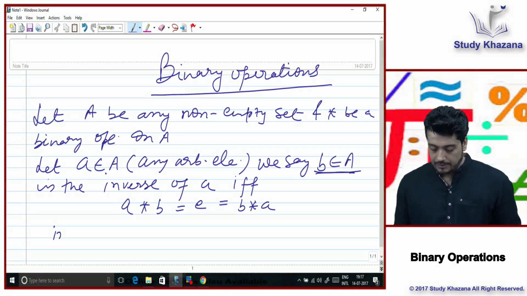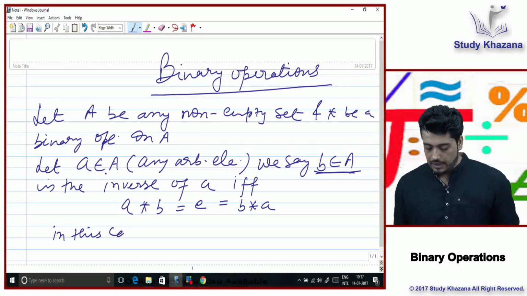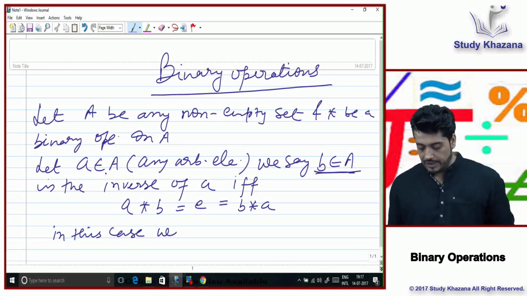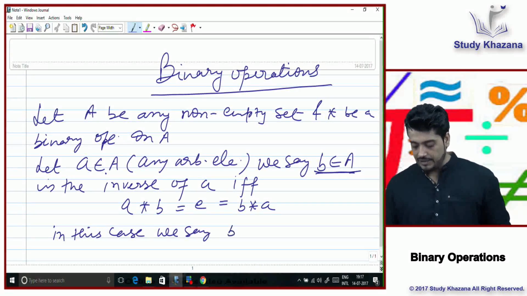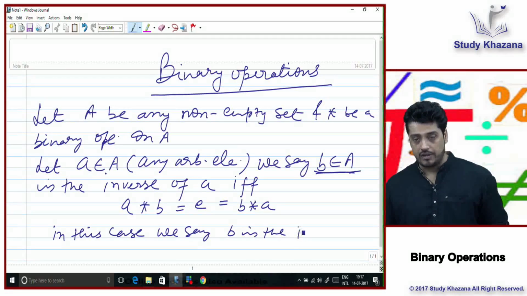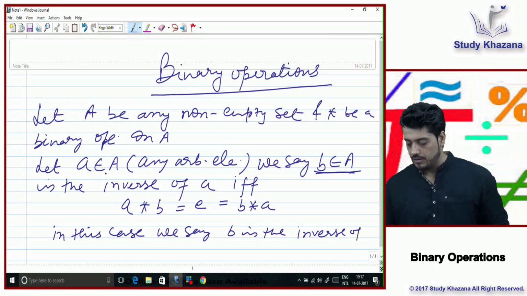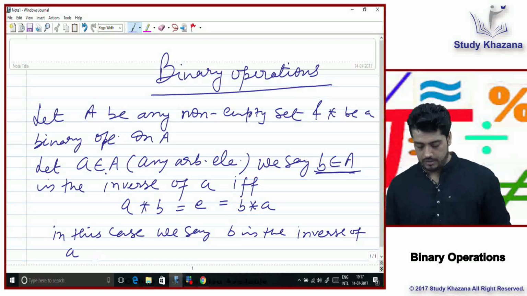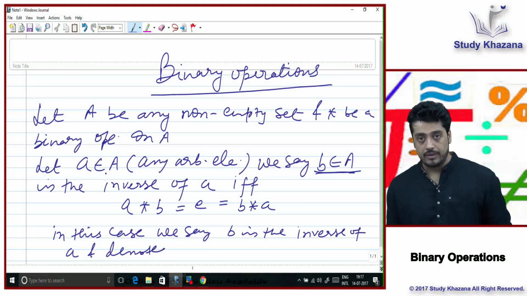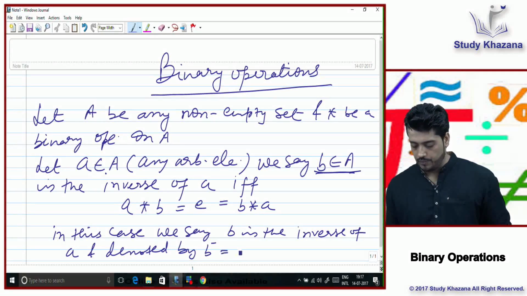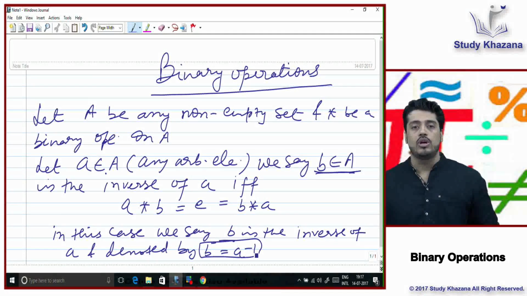In this case we say b is the inverse of a, and it is denoted by b is equal to a inverse. Now the definition which I have told you, I am going to explain with the help of various examples.